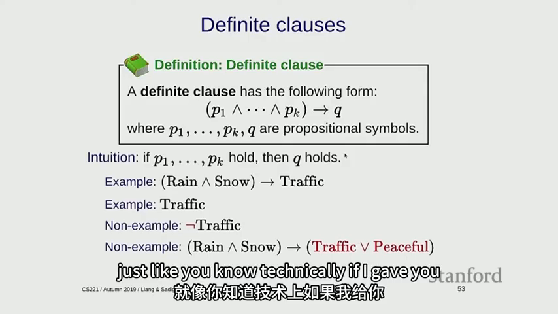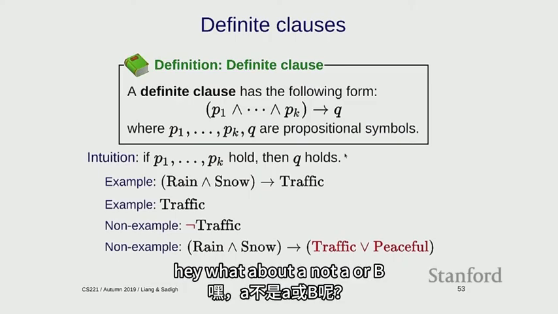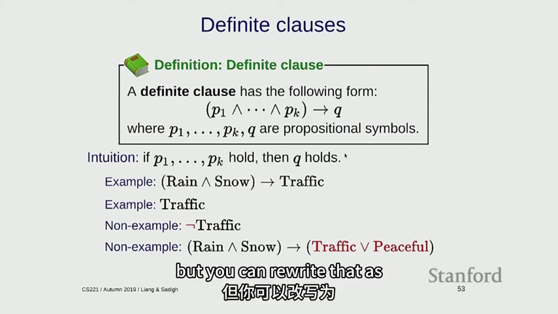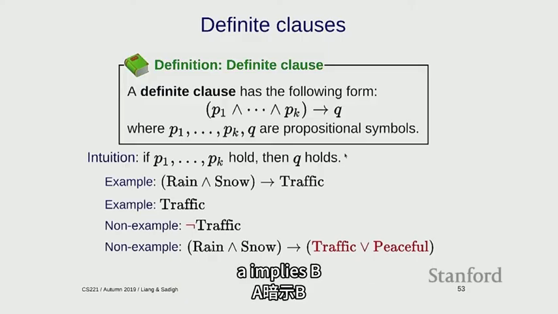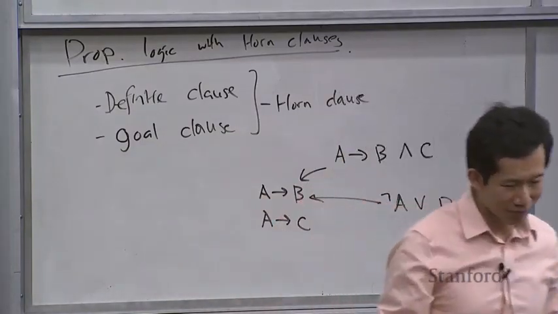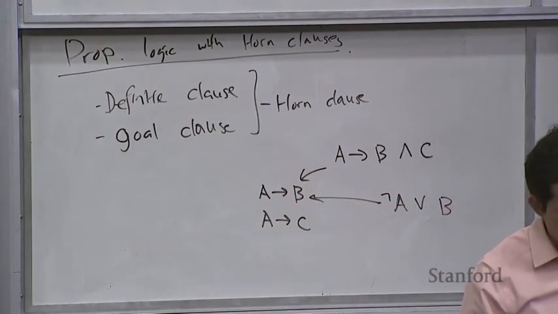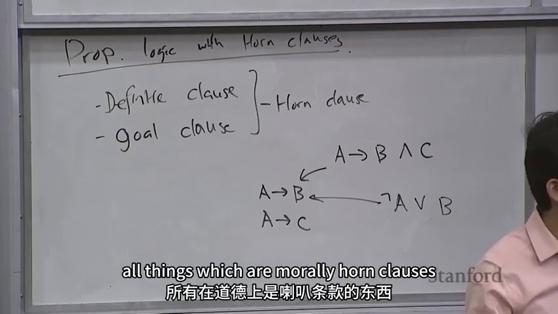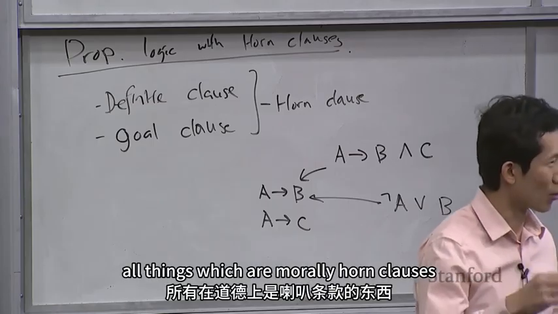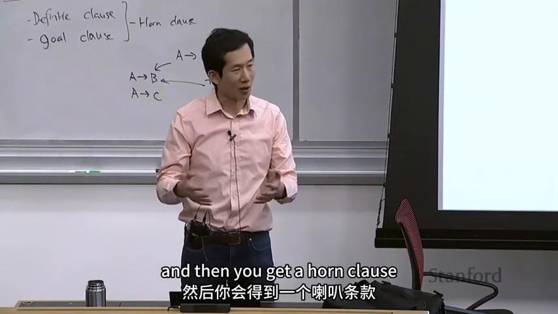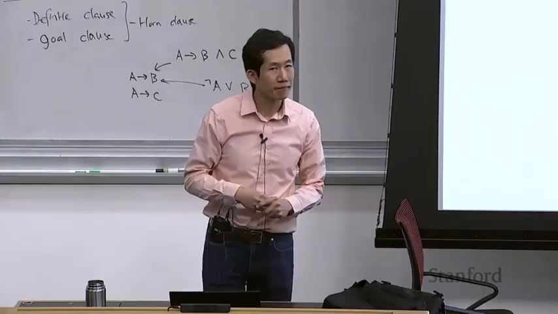Just like, if I give you not A or B, it's not a definite clause by the definition, but you can rewrite that as A implies B. So you can extend this to say not only definite clauses, but all things which are morally Horn clauses, where you can do a little bit of rewriting, and then you get a Horn clause, and then you can do your inference.